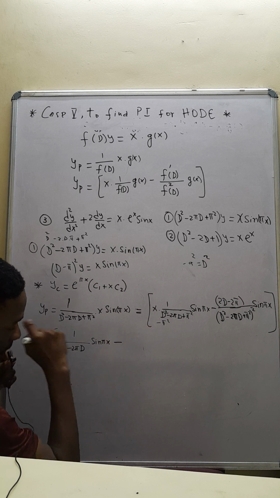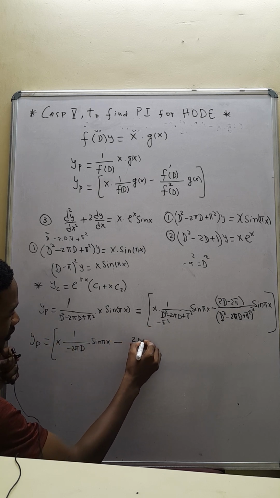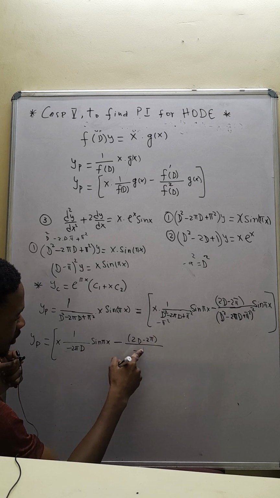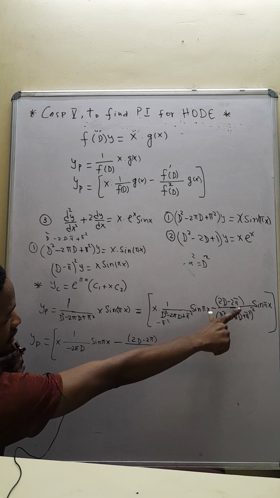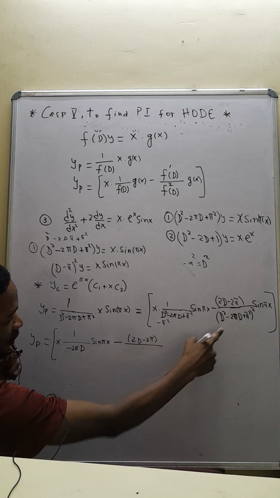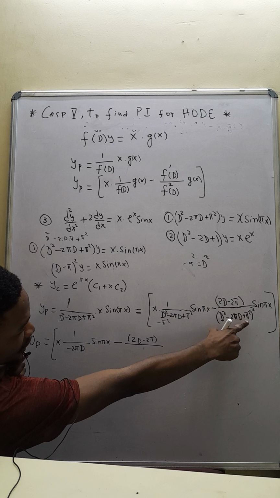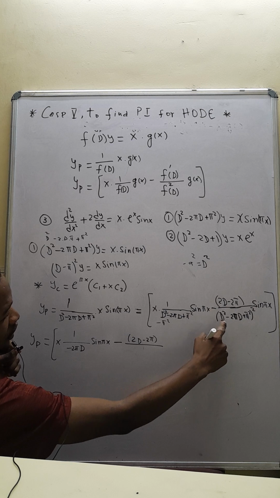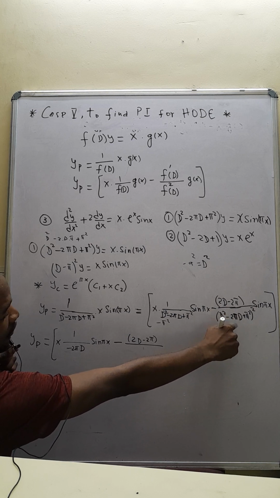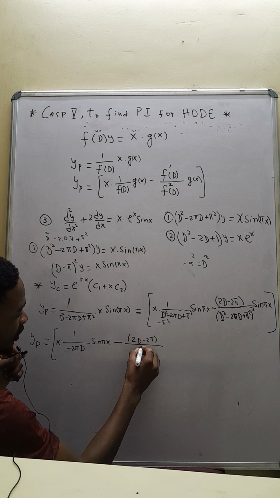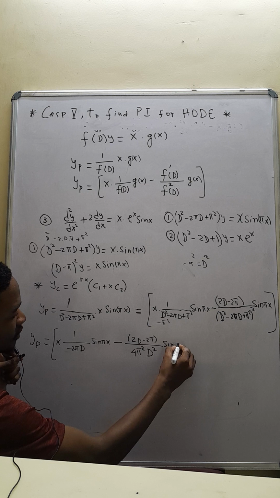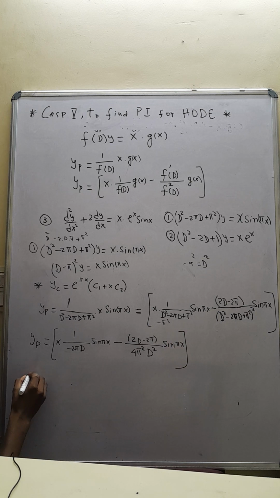For the second one, you're going to have 2D minus 2 pi, all upon the same denominator, which is squared. This pi squared part will be 0, because you put minus pi squared, then plus pi squared is 0. So you're going to get all of these squared. So it will be 4 pi squared D squared, then sin pi x.